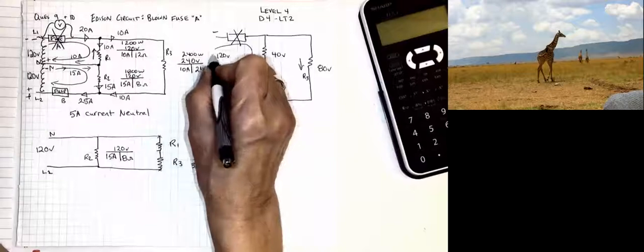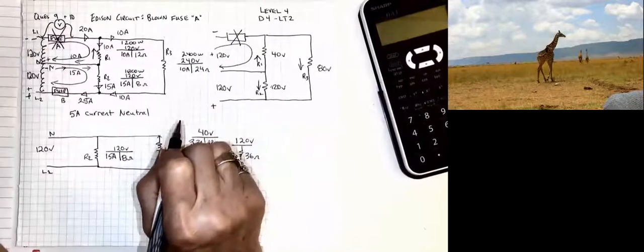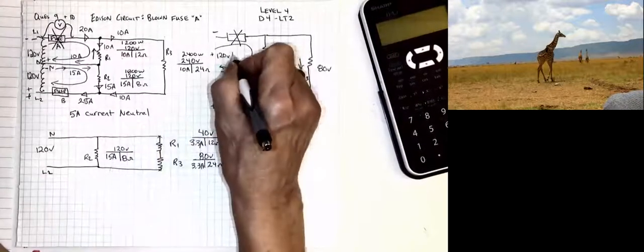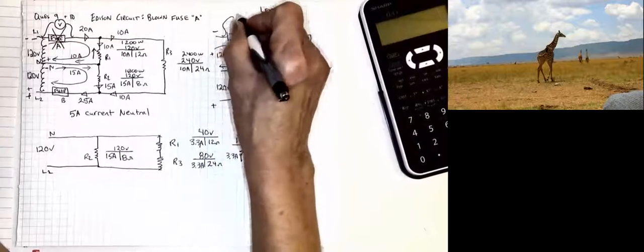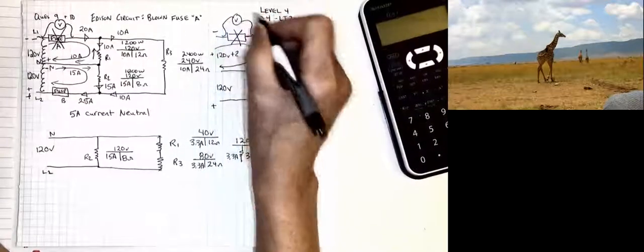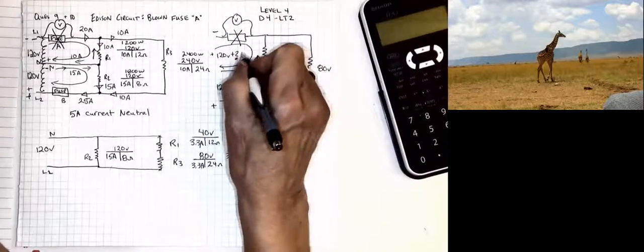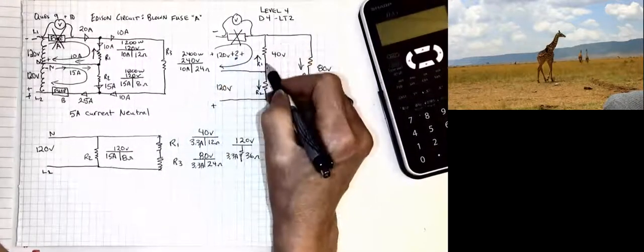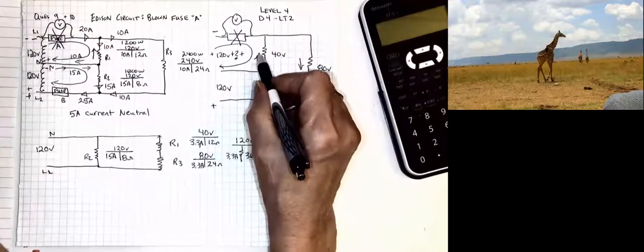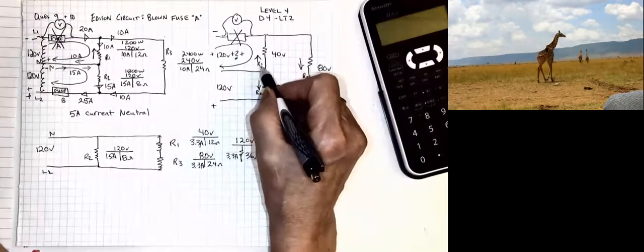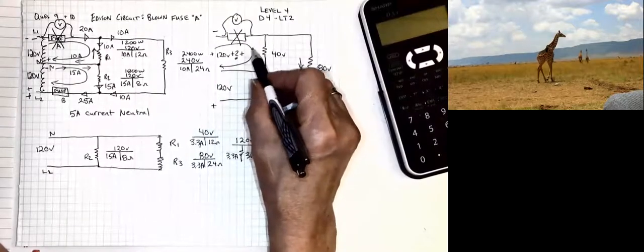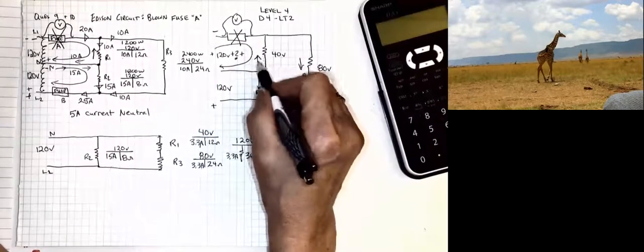So our voltage supply of 120 is a rise. We don't know what the voltage across this voltmeter, across this fuse, will be. So I'm going to put a little question mark there. And then I'm going to add this voltage. But just pay attention to this arrow, because it's not a voltage drop. This arrow is actually opposing my current flow in that circuit.